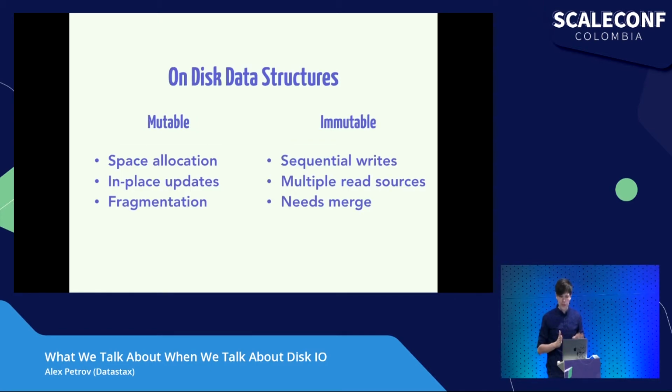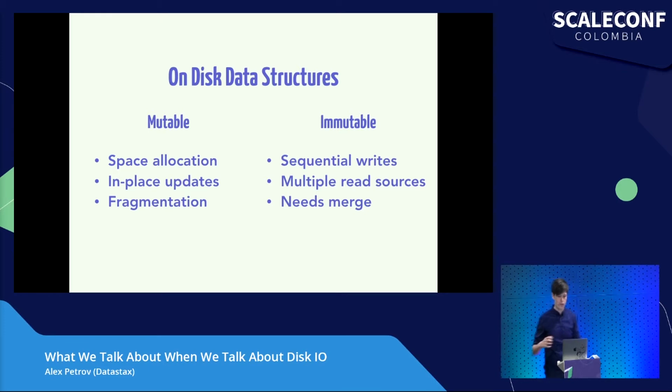Another important concept is mutability or immutability of the data structure. This also has significant implications for the disk layout and the general process of data structure construction and maintenance. Mutable data structures usually pre-allocate memory in order to allow in-place updates.